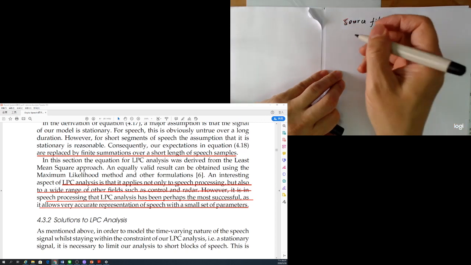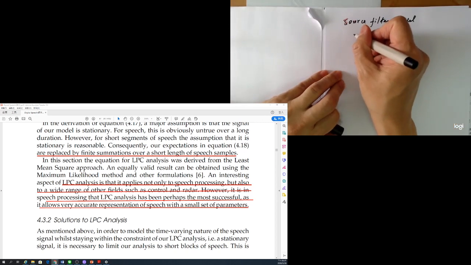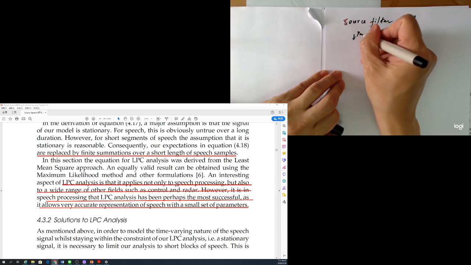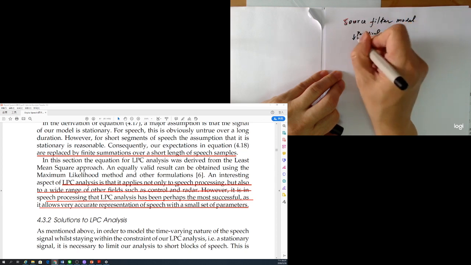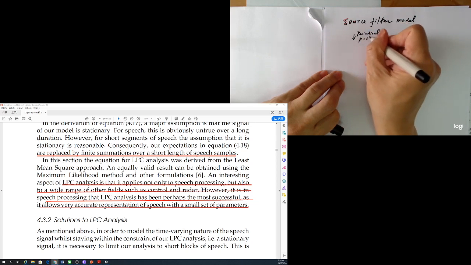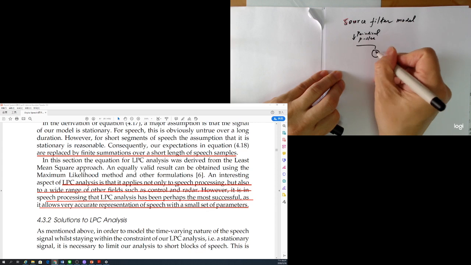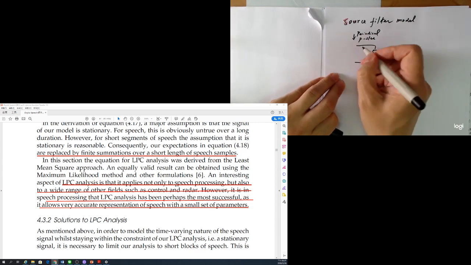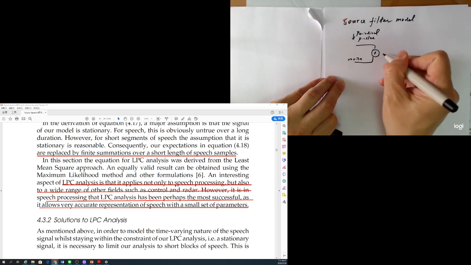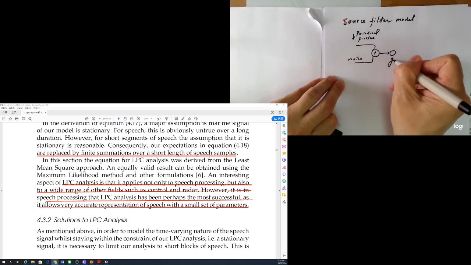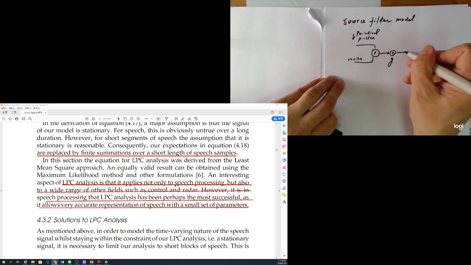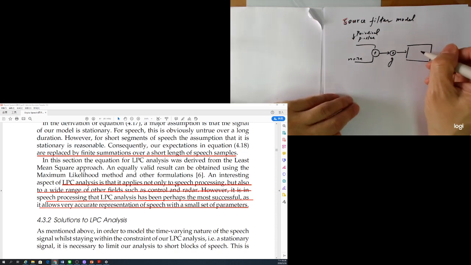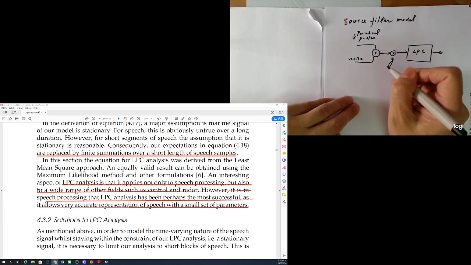We have a source, and we call this the source filter model. If it is voiced, we have a periodical signal, similar to a periodic pulse train. And unvoiced will be more like noise here. Then you will have some gain here, and then we call this your vocal tract. Maybe this one is your short-term prediction, an LPC model here. And then you have an output here. So this one is just a source filter model.